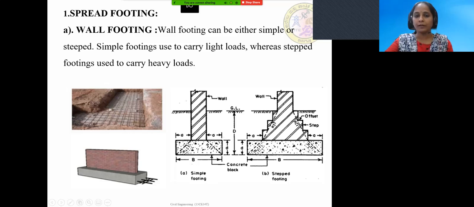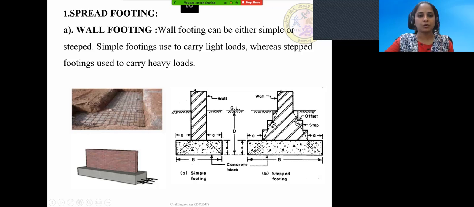In the wall footing, we also decide based on the offset steps. In this stepped footing, we can see the offsets of steps. These offsets may be given from 5 centimeters to 15 centimeters based on the design criteria. This type of stepped footing is designed when the load requirement on a building is more.